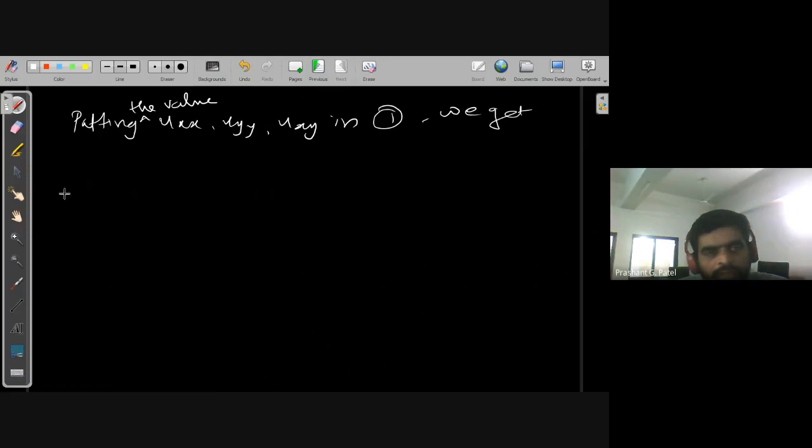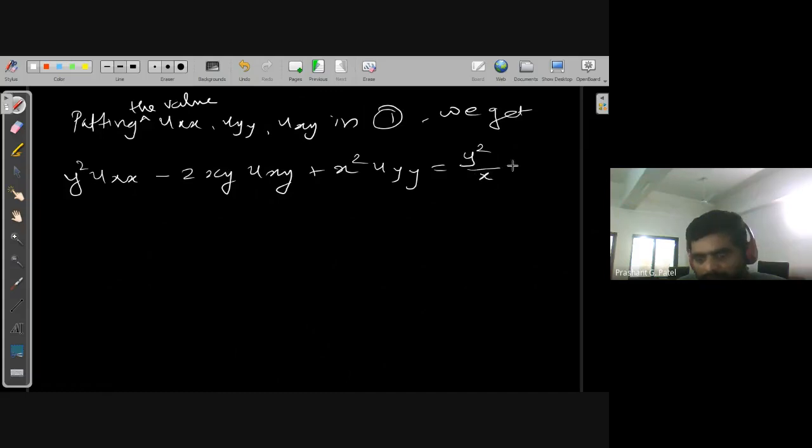Equation 1 is y square u xx minus 2xy u xy plus x square u yy equals x square by x u x plus x square by y u y. This is the equation we have.